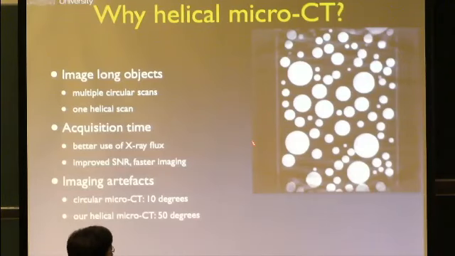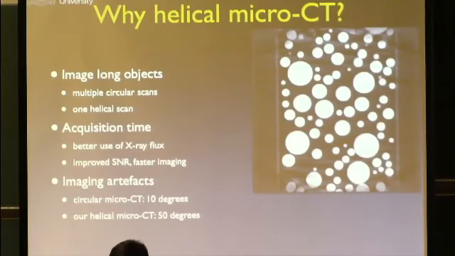The image in this central region is reasonably good. However, as we go up, we see these streaking artifacts coming out from under these spheres. This is a simulated data set, and that's a result of the approximate nature of the filtered back projection Feldkamp method for a circular scan.